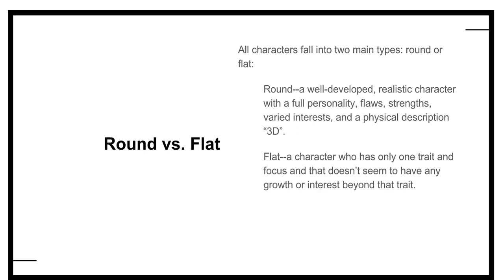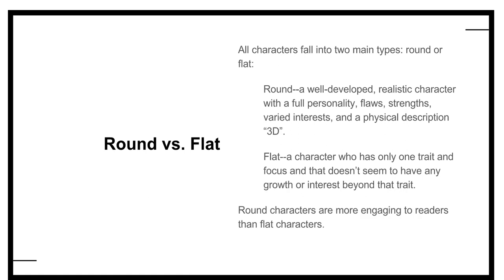On the other hand, flat characters only have one personality trait, like they might be shallow or vain or selfish, and they don't really grow or get any better throughout the course of the story, whereas a round character will change in response to what they face.